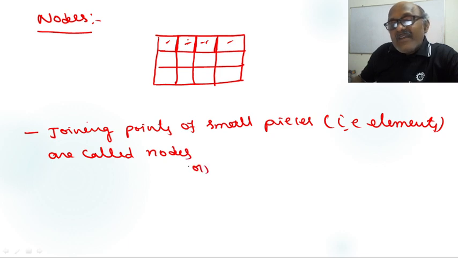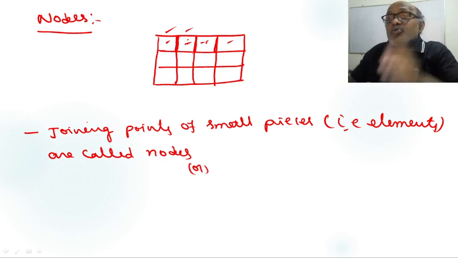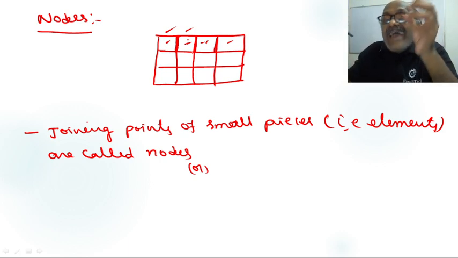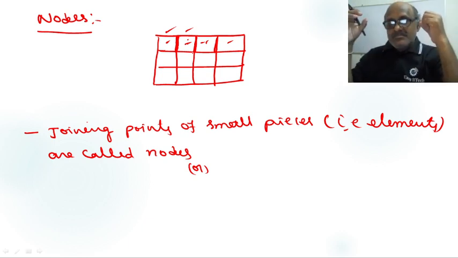Or in another way, the nodes are connected points. It is a connected point for this element. The nodes are the connected points, or the nodes are those points where the elements are connected with each other.